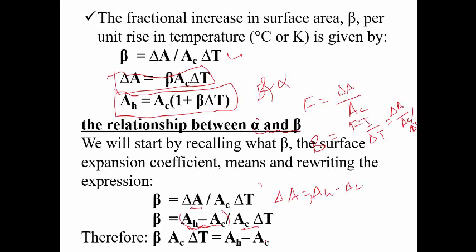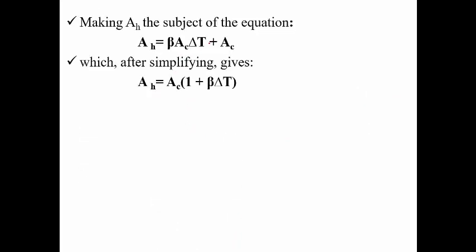Shifting AC to the right, we are left with only AH. Therefore, AH becomes beta AC times change in T plus AC, and let us take AC as common.